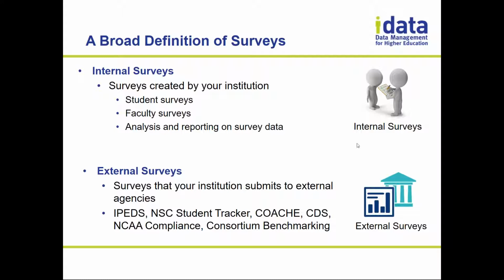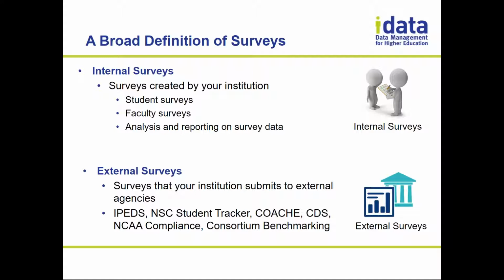So that's what we're calling internal surveys, and I'm using this little logo over here to represent internal surveys as we switch around between them, right? The next one is external surveys, which are surveys that your institution submits to external agencies. This includes things like IPEDS, National Student Clearinghouse Student Tracker, COACHE, which is like a faculty survey for a larger audience, the Common Data Set, NCAA compliance, or some sort of consortium submission that you use for benchmarking.